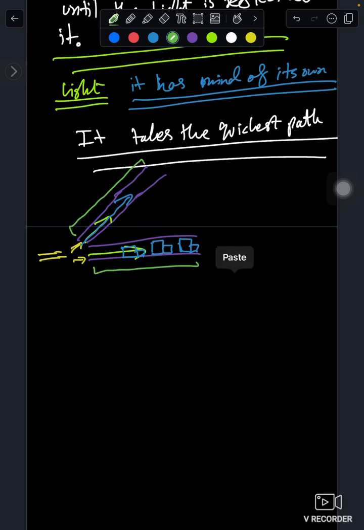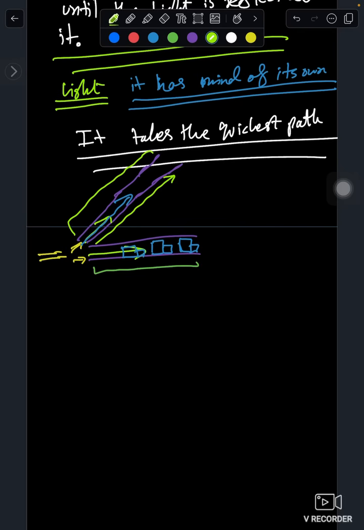The distance in this one is more, but still light took that path. Why? Even though the distance is more, there's no obstacle in the way, so that extra distance is still nothing for light.